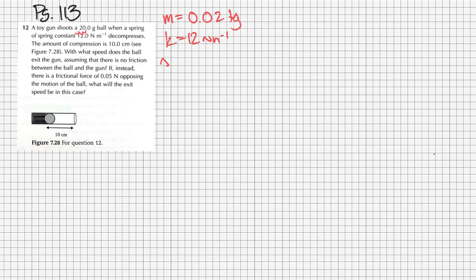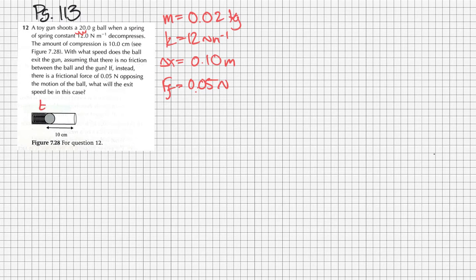It has a displacement, or a delta X, of 10 centimeters, which is 0.10 meters. And then we have the force of friction, which would be 0.05 newtons. So, we're getting all our values into our SI units here to not worry about plugging them in later on. So let's look at our scenario.